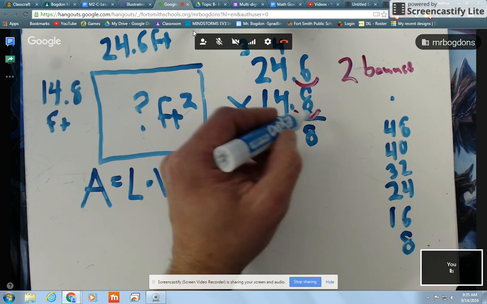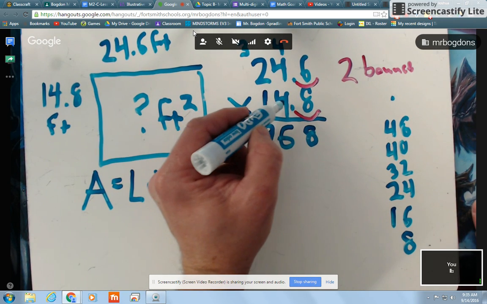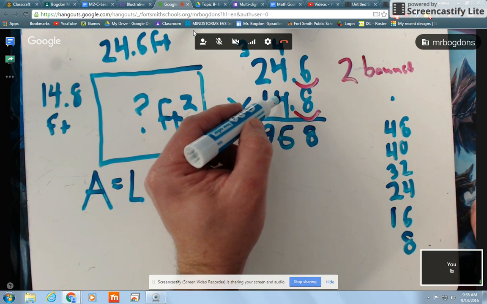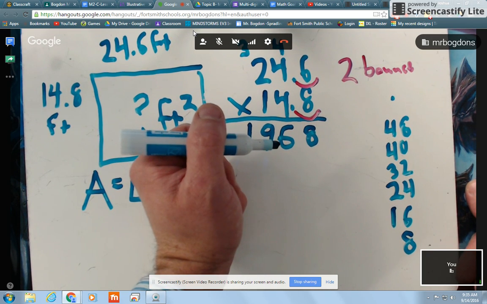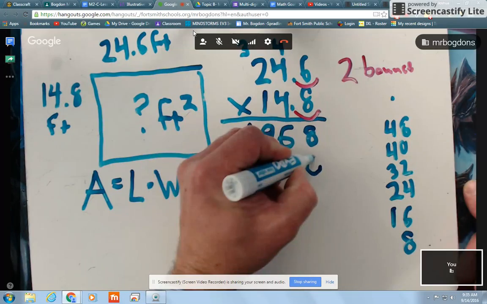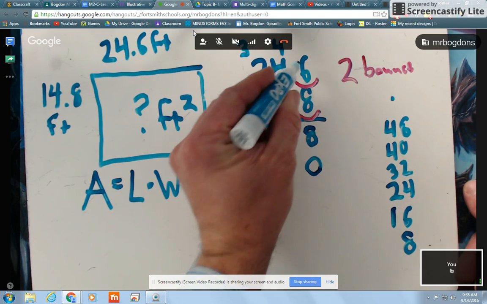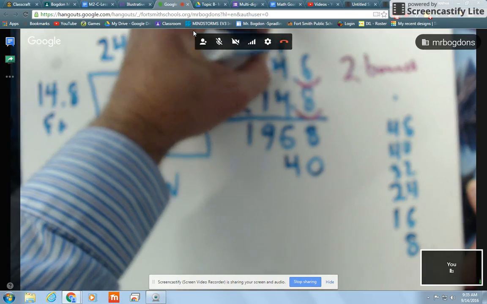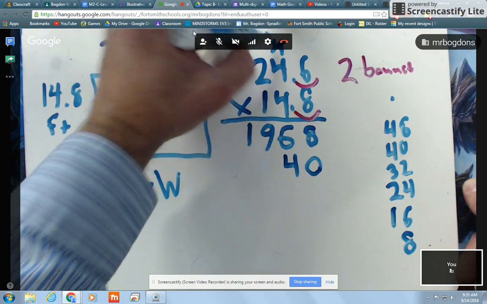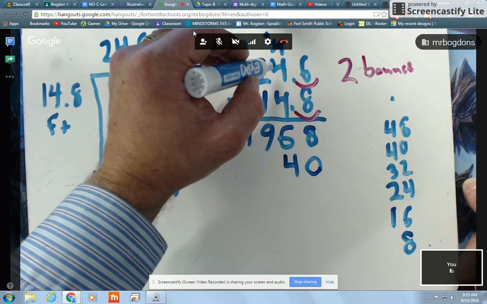So moving on, now in my tens place. What do I need to add to show that I'm now in my tens place? A 0. 4 times 6? 24. I'm going to regroup my 2. 4 times 4? 16.